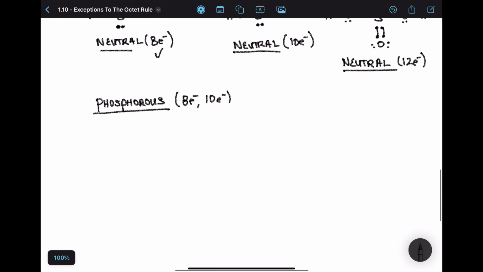And so for phosphorus, it has 5 valence electrons. And so it will share with 3 hydrogen, which will each have a duet. And what we'll get is a phosphorus that has 8 electrons and it's neutral.